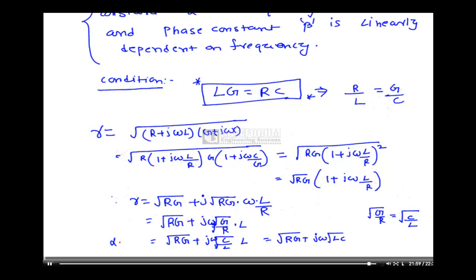Gamma is equal to alpha plus j beta. Therefore alpha is equal to the square root of RG, and beta is equal to omega root LC. So this is the attenuation constant as well as the phase constant for a distortionless transmission line.